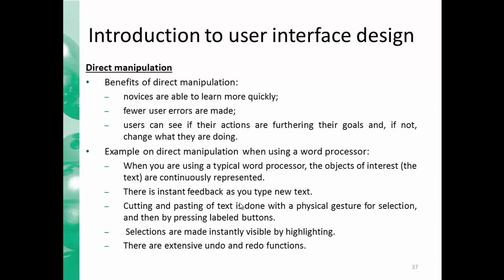By having an immediate reaction to their actions, users can see if their actions are furthering their goals, and if not, they will change course by doing different things and trying again to get their task completed. Examples of direct manipulation in a word processor, for example, are given in this slide.